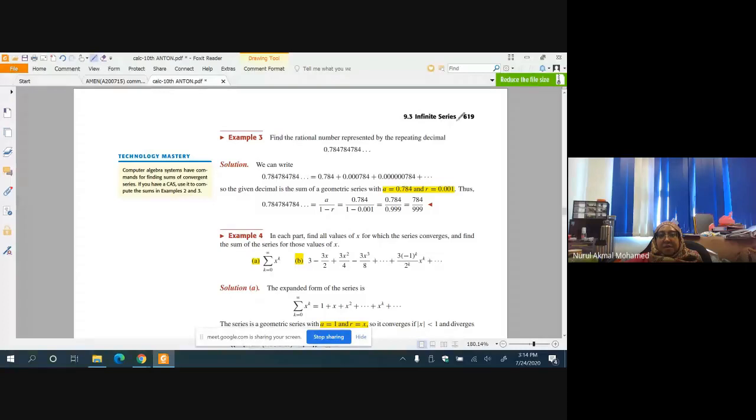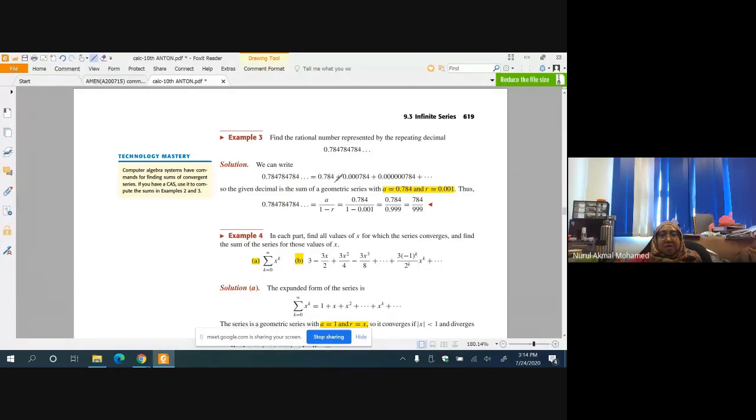Okay, example 3, find the rational number represented by the repeated decimal. So here you have 0.784784, okay. So what is the 784? It is the repetition.